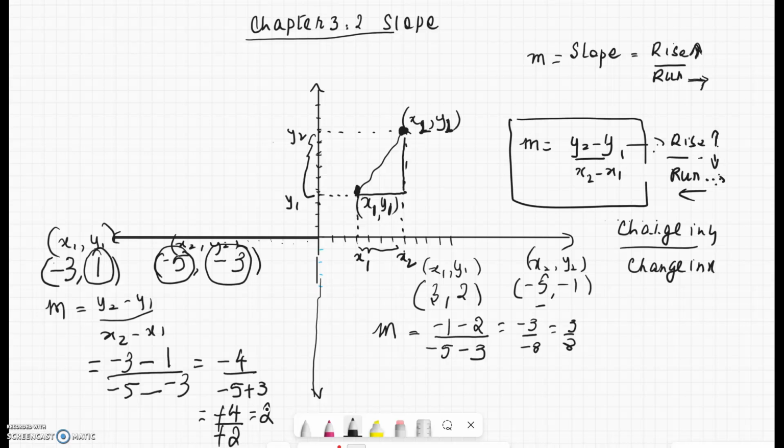Let's do one more example. So we have example 1, example 2, we'll do one more, example 3. Notice that we are not graphing it, we are just using the formula. It's a slope formula.